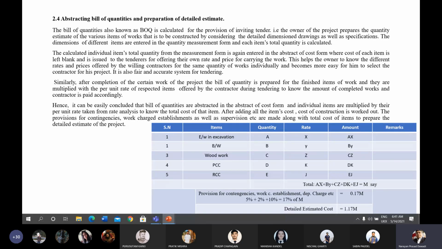After showing the total amount of quantity of that individual item, you can multiply that item's quantity with their individual rate to know the cost of that item.